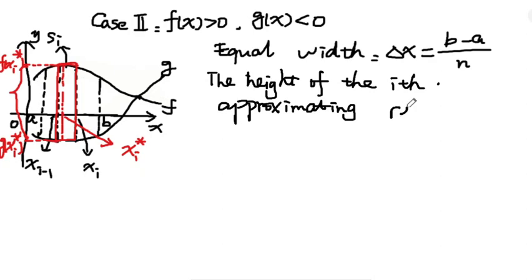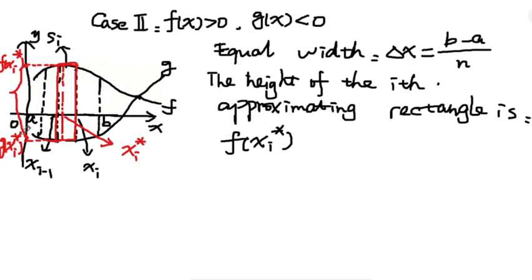From the graph, it seems like the height should be f(x_i star), the value from 0 to here.